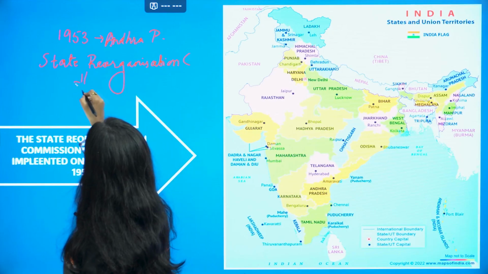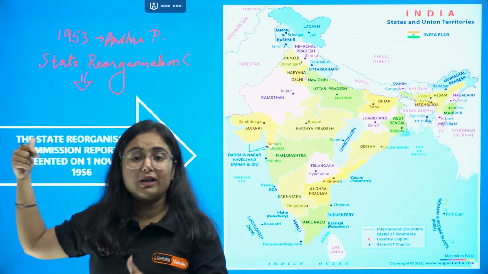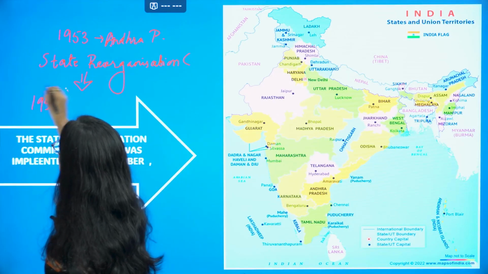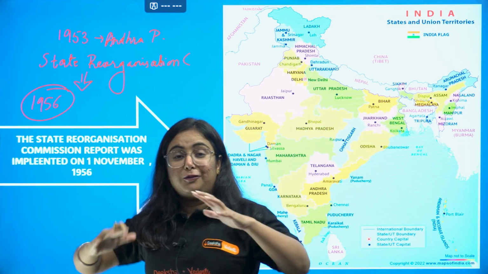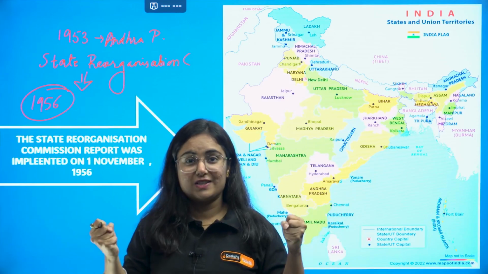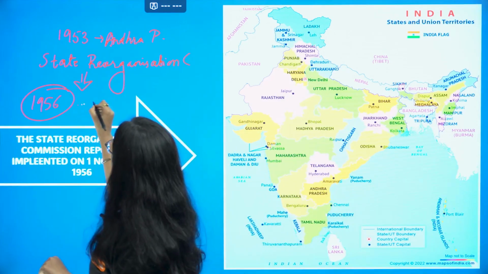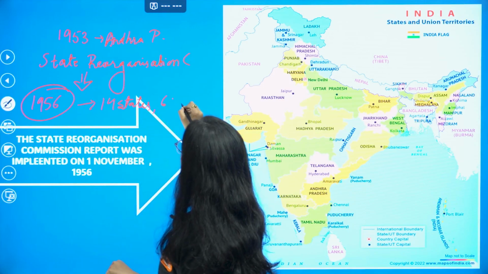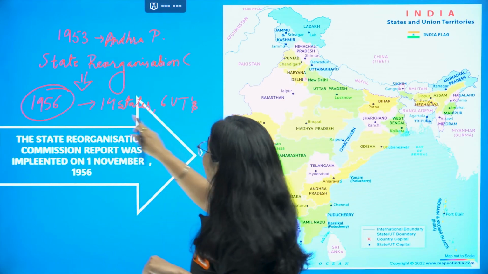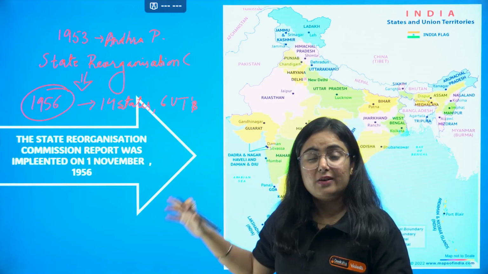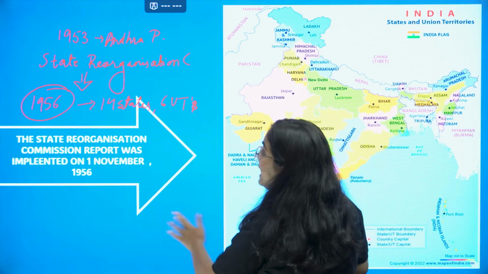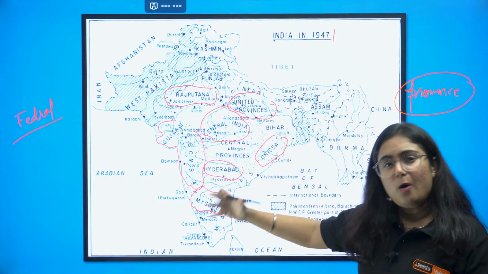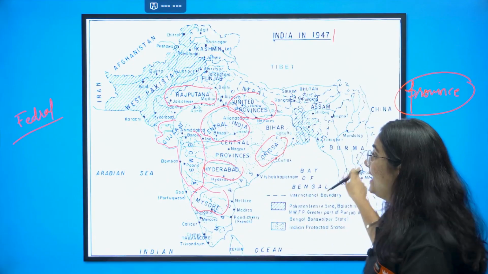As a result of the report presented by the State Reorganization Commission, do you know that in 1956, for the first time, India got its borders with the states. Okay, so for the first time, India had 14 states and 6 union territories. Can you witness the journey? Like right now, we have seen this India which just got independent with so many provinces and princely states.